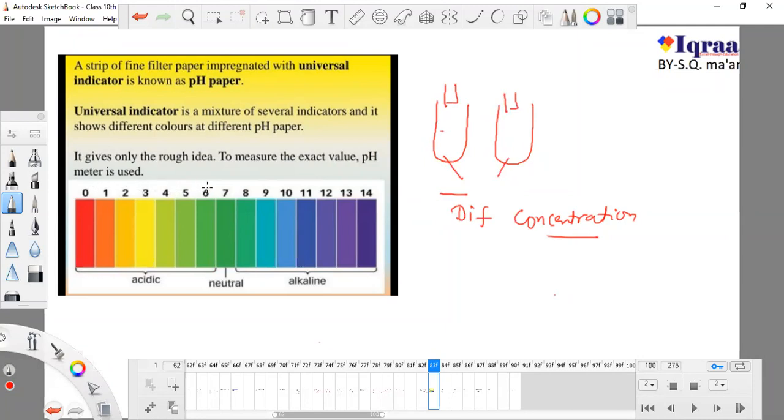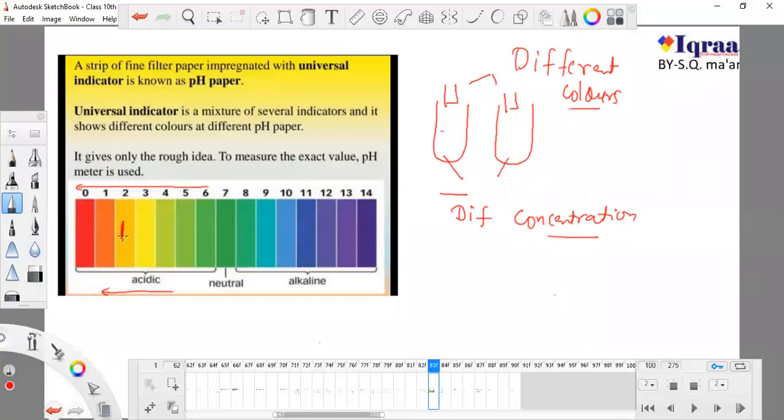as we move from right to left, the acidic condition will increase. So the two strips will show you different colors. And by using these universal strips, you can identify which one is strong acid.